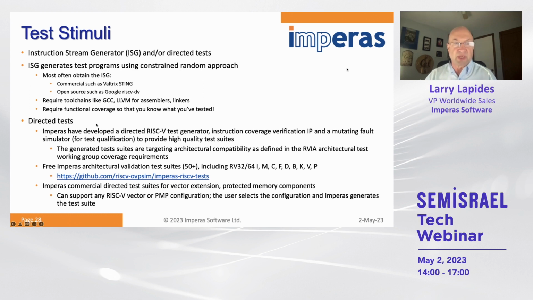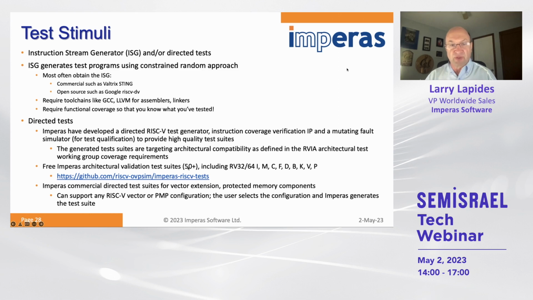Imperas also has directed tests. We've developed a directed RISC-V test generator, and we've got instruction coverage verification IP and a mutating fault simulator to make sure we're providing high quality test suites. So what we're providing here are two things. One are architecture validation test suites.